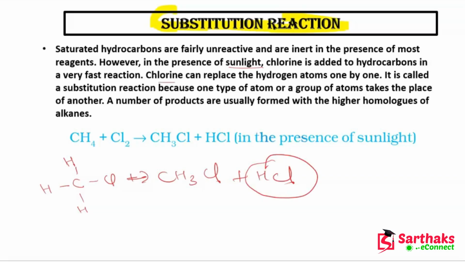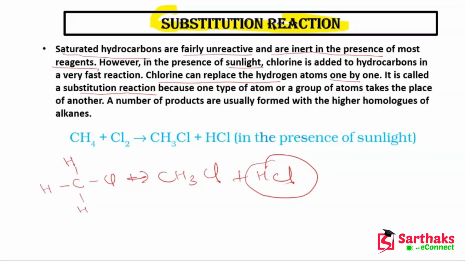So chlorine can replace the hydrogen atoms one by one. It is called a substitution reaction. This chlorine will again remove one hydrogen and take its place, and then again remove one hydrogen and take its place. This will happen in the presence of sunlight. It is written here that saturated hydrocarbons are fairly unreactive and are inert in the presence of most reagents.